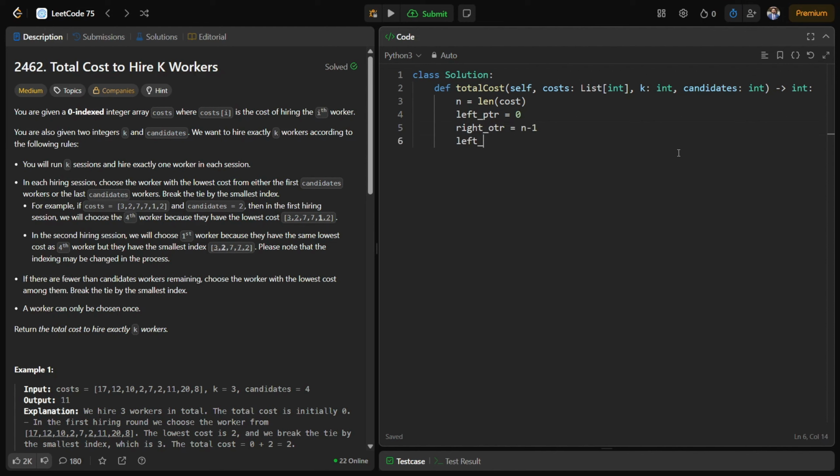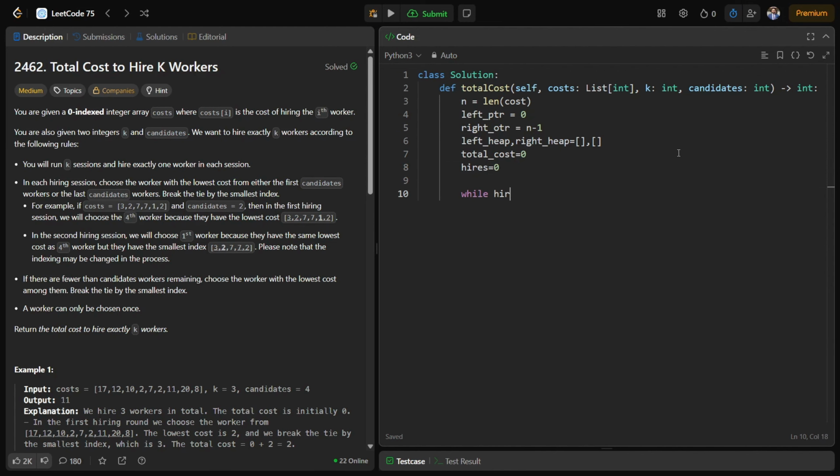Then we have left heap, right heap, then the total cost and the hires. While hires is less than k, while length of the left heap is less than the candidates, and the left PTR is less than or equal to the right PTR.